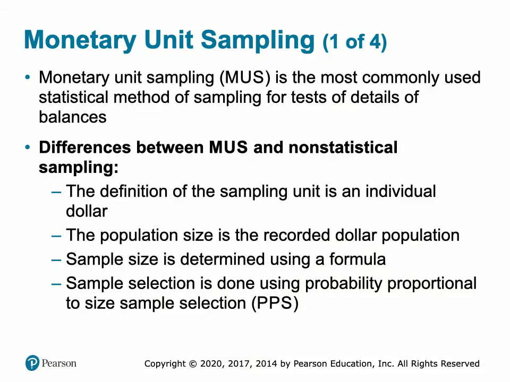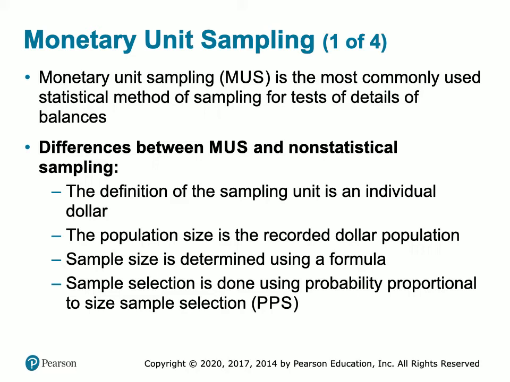So monetary unit sampling basically uses a dollar as your unit. That's why it's called monetary. So the dollar is the unit, and then you'll select items based on that dollar, and that dollar could appear multiple times within the same invoice.